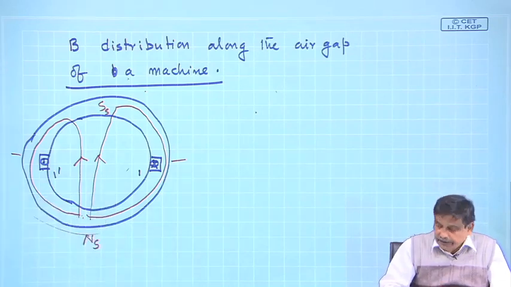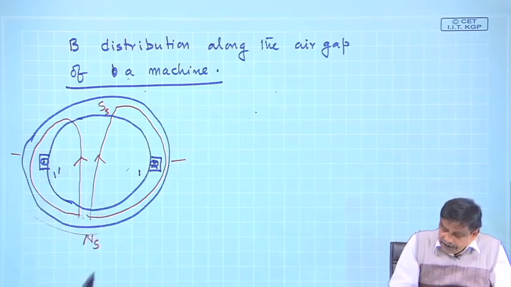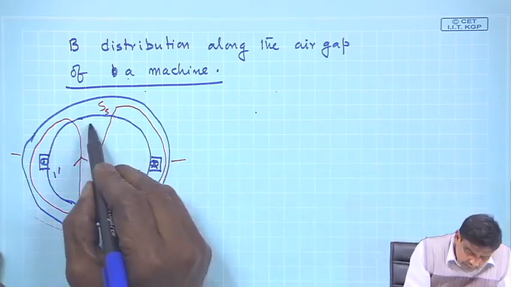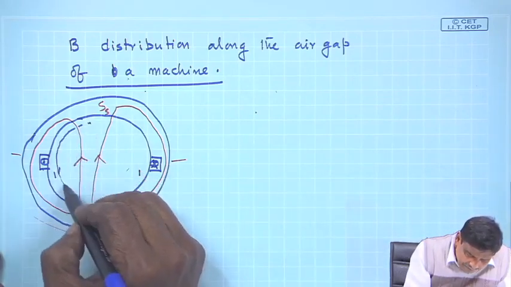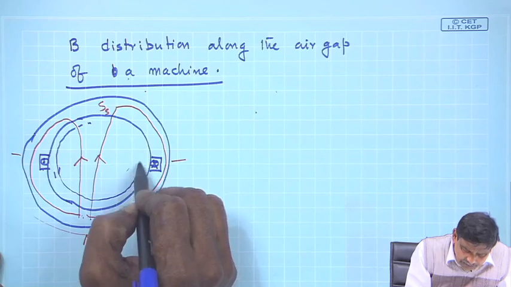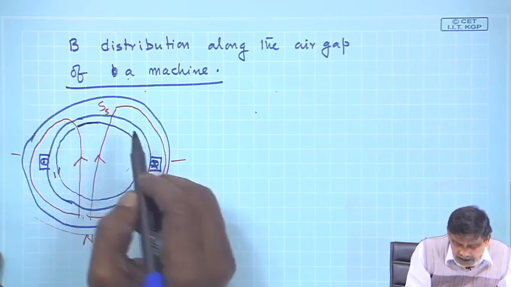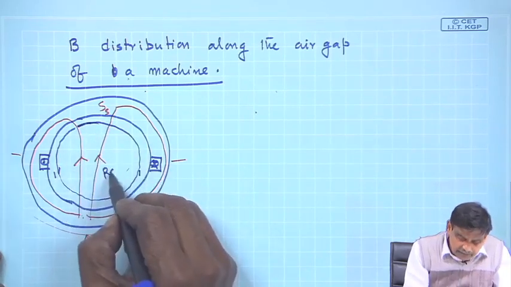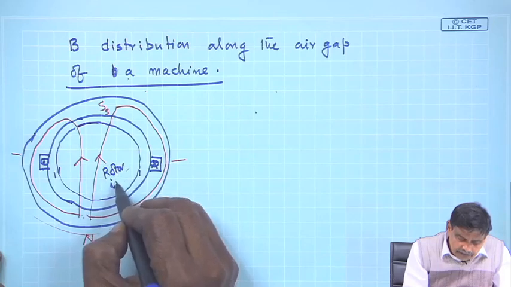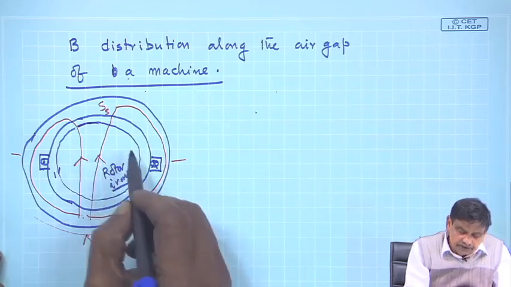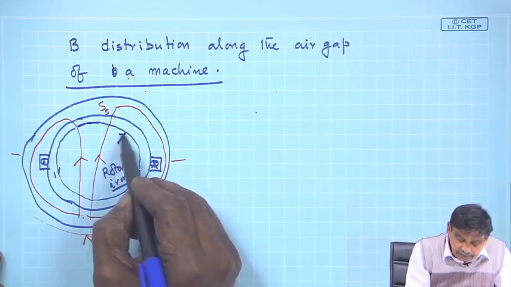I want to do it. And mind you, there is rotor iron here, and rotor coils I am not drawing now. I want to show rotor iron. I want to find out the field distribution, and this is the air gap.